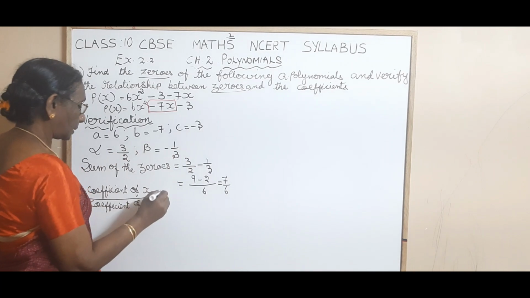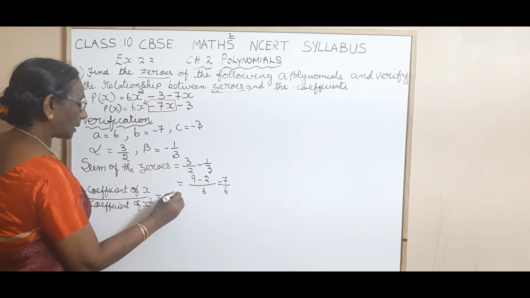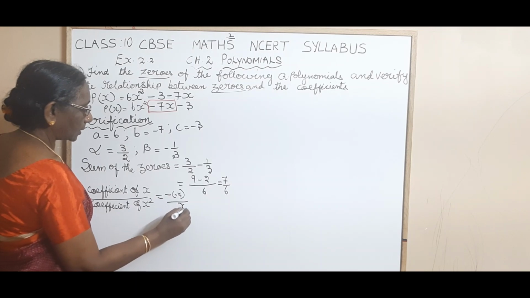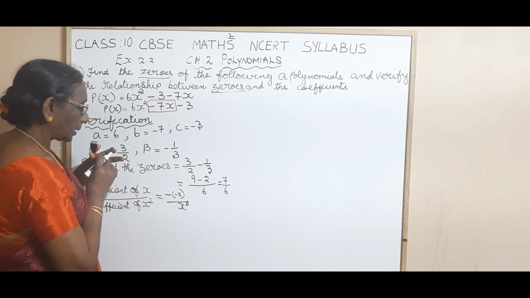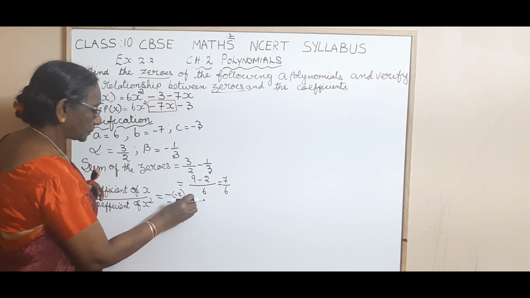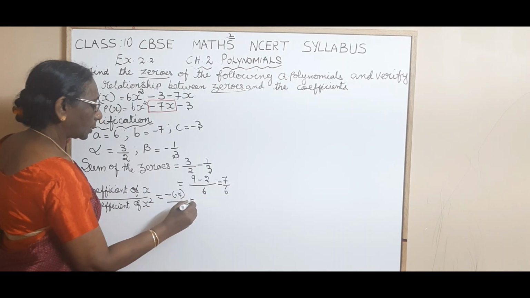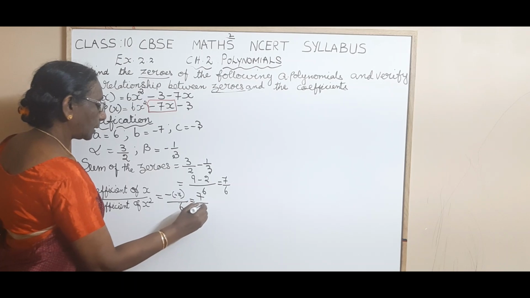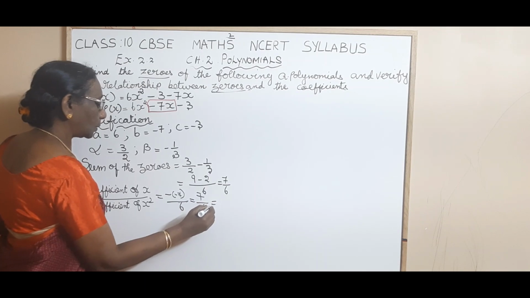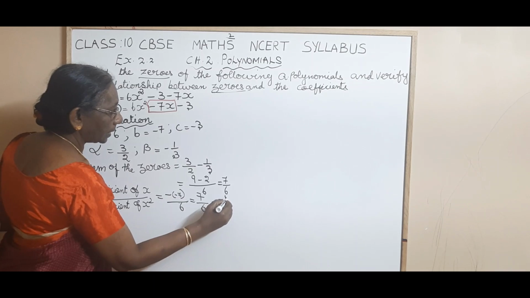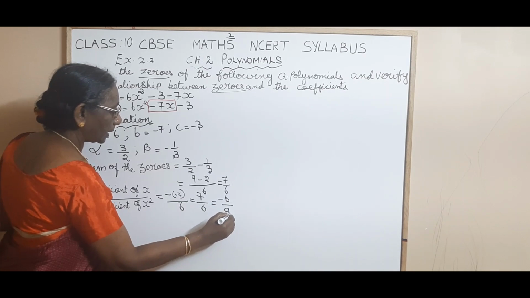So what is equal to, this is what? Minus coefficient of x is minus of minus 7 by a, that is x squared, is what? 6. That is equal to 7 by 6. This is equal to minus b by a.